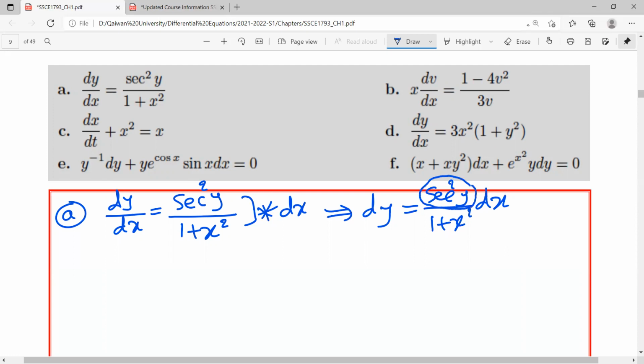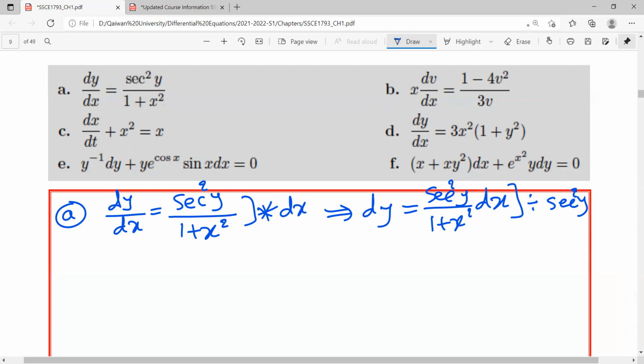How? We divide both sides by secant squared of y. If we divide both sides by secant squared of y, we can remove that secant squared of y on the right-hand side.